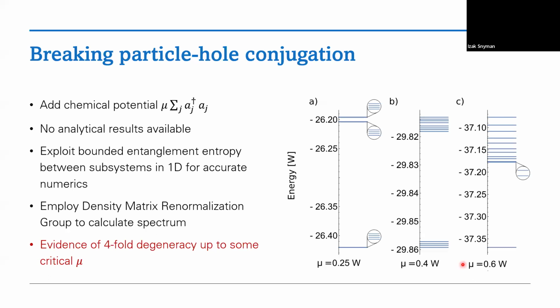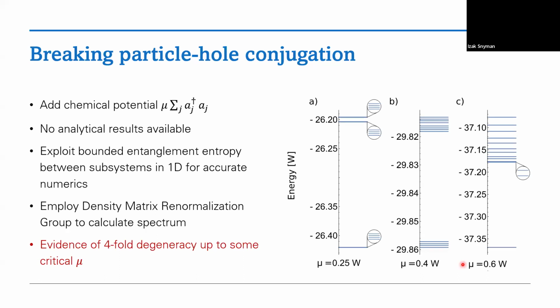Then we spent a year asking ourselves what happens if we break particle-hole symmetry, which was essential in the proof that I gave you. It also breaks integrability. What actually happened is I started working with the students and we were looking for an excuse to learn a numerical technique.